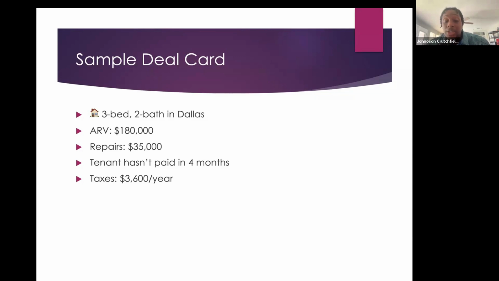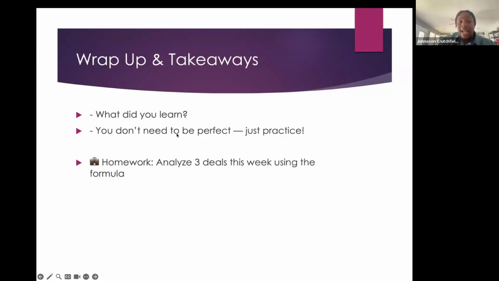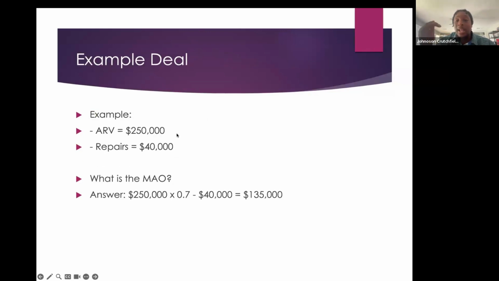Now, in certain areas, I know Miguel is looking for a flip right now. In certain locations, 75% of the ARV is okay. In certain hot areas, like Mansfield, Texas, where I do most of my flips, 80% might be okay. When I say 80%, I mean the ARV times 80%.